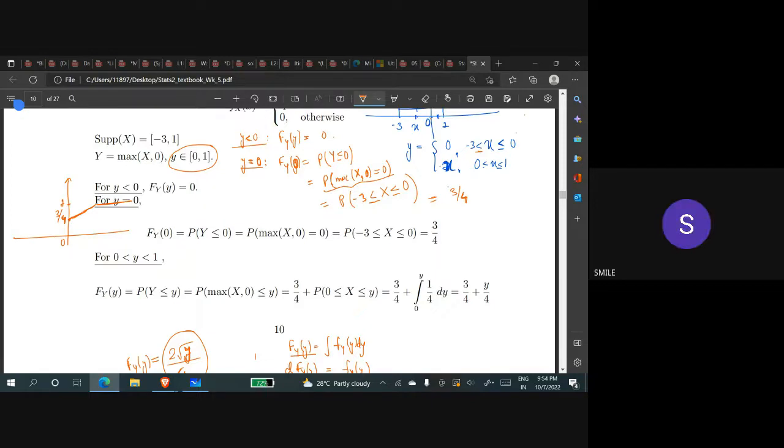Ma'am, again one confusion. Y is a continuous random variable, right? No, we have not said that. But its range is 0 to 1. We are just saying the range is 0 to 1. If the range is 0 to 1, we cannot say that the random variable is continuous, because if you look over here, you got a mixed kind of distribution.